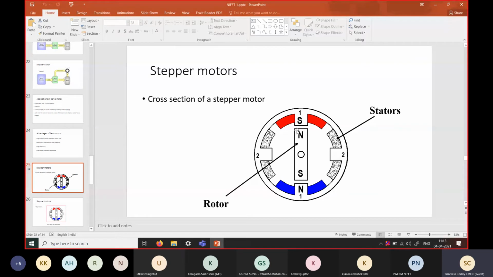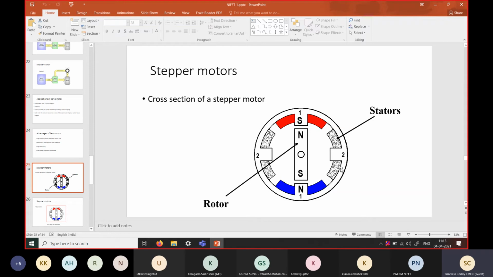On the rotor, for simplicity, let us assume that this is a permanent magnet having north and south pole. On the stator also there are magnetic poles, north and south. On the stator we can see two poles, one pair shown in red and blue, which is active, and the other pair, marked south and north pole, is inactive.